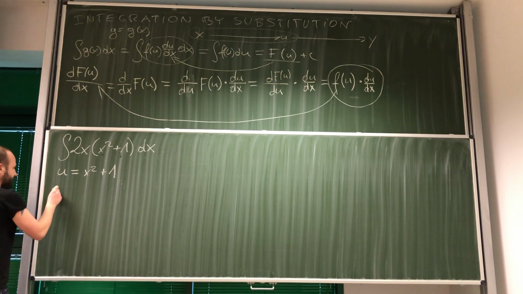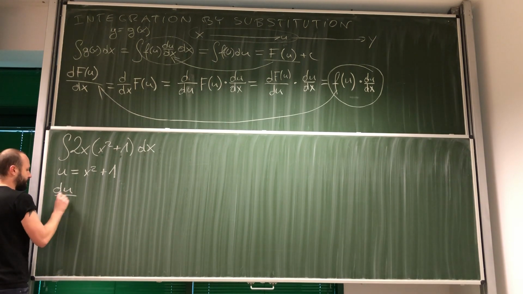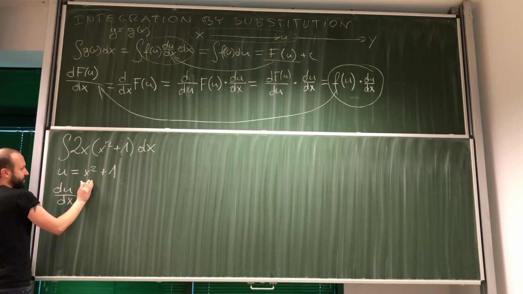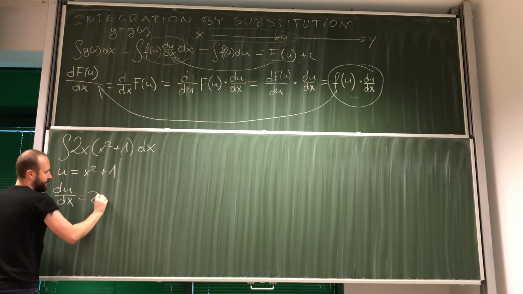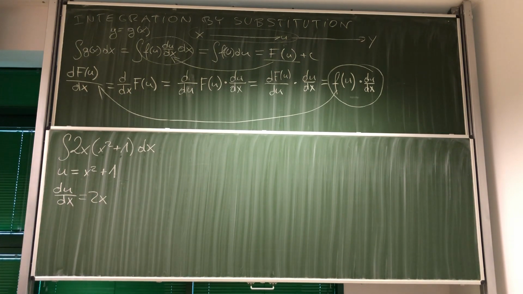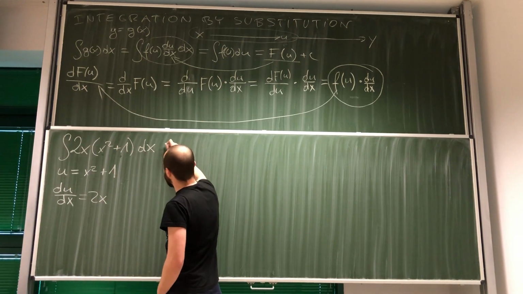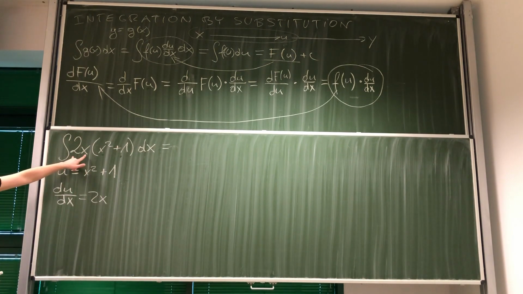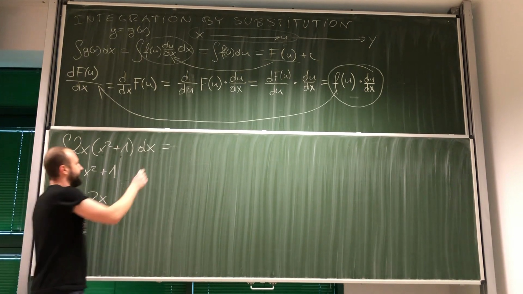Now, how much is du dx? Well, if I differentiate this expression with respect to x, I'm going to get 2x. Okay, so what can I do now? Instead of 2x, I can write du dx.